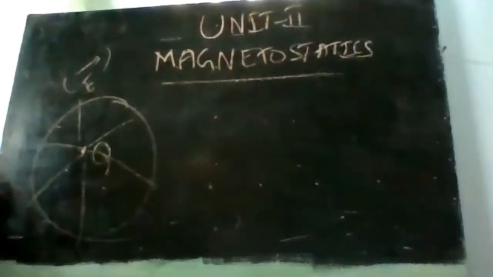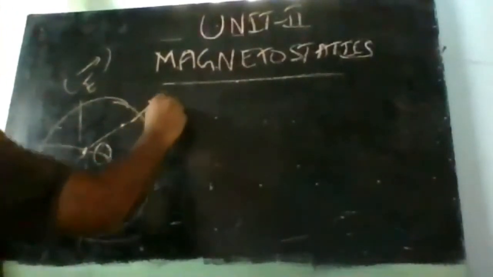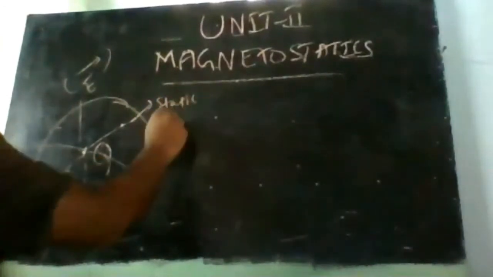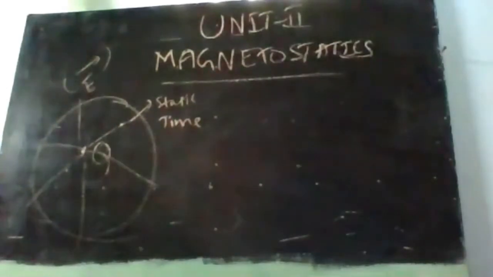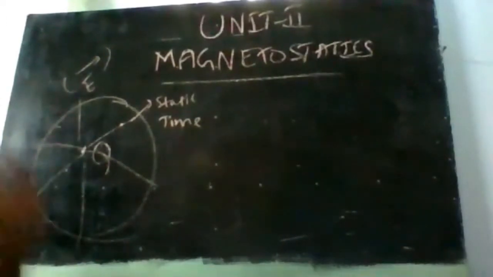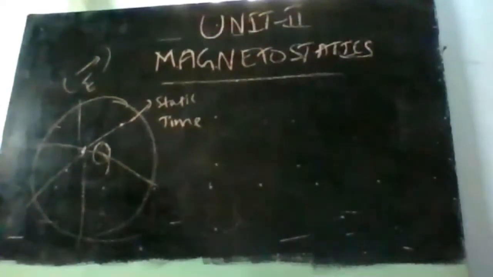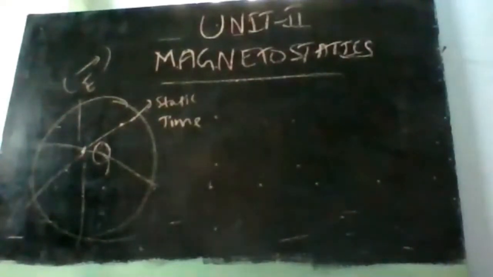And because this field that is produced is static with respect to time, that is, it is constant with respect to time, we call it static electric field. So the electric field E bar that we produce around the charge is constant with respect to time.